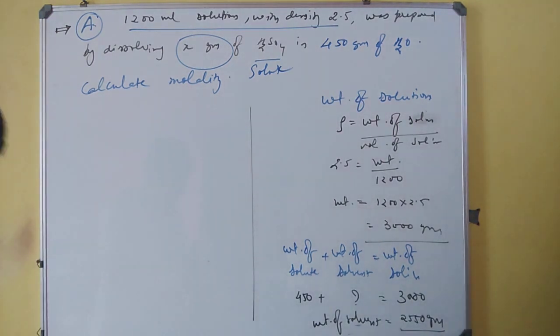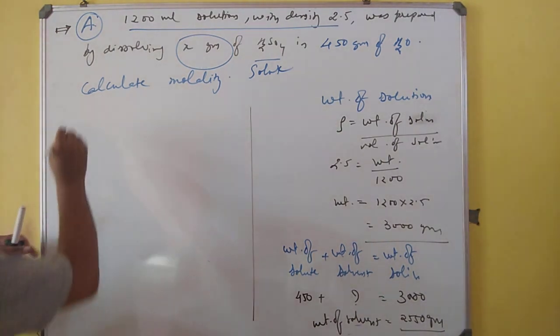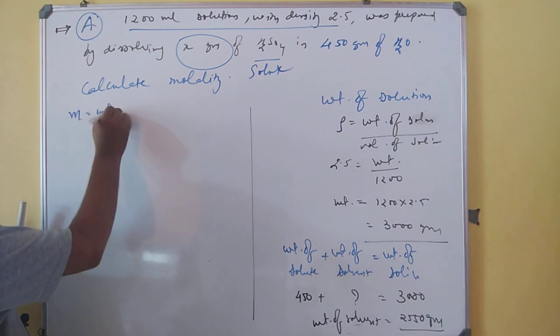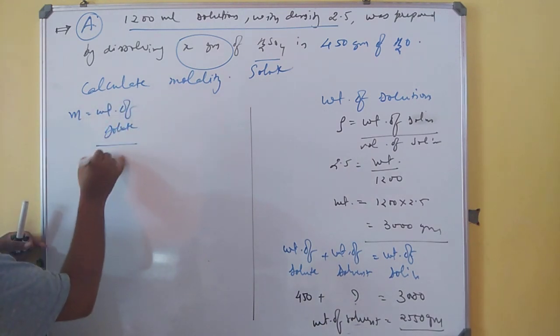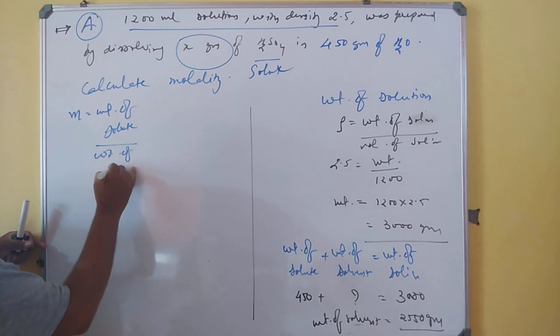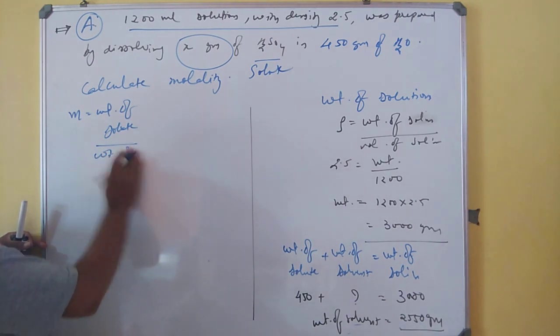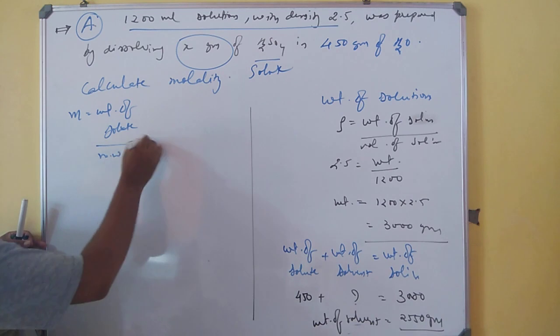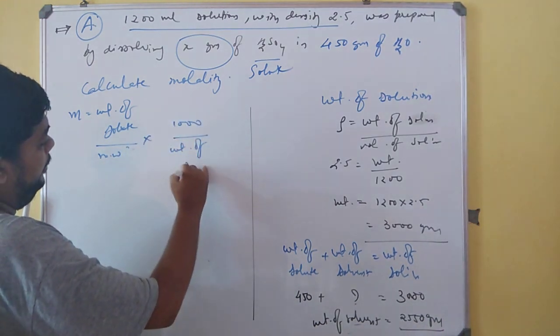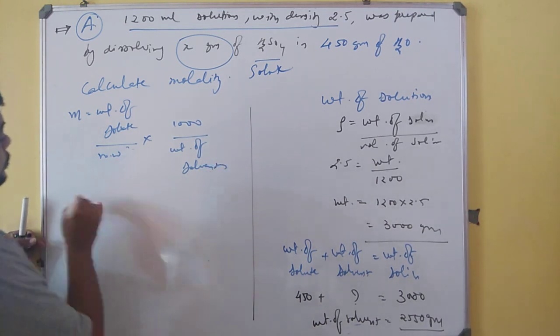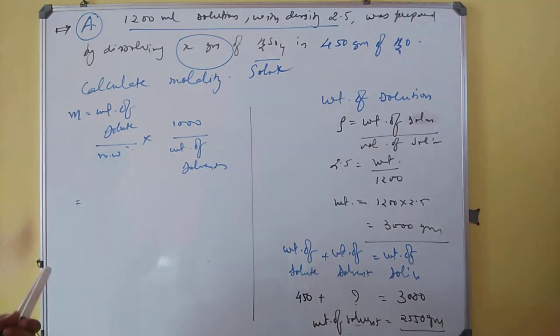Now go for molality. Molality is equal to weight of solute, molecular weight, into 1000, divided by weight of solvent. So how would I end up?